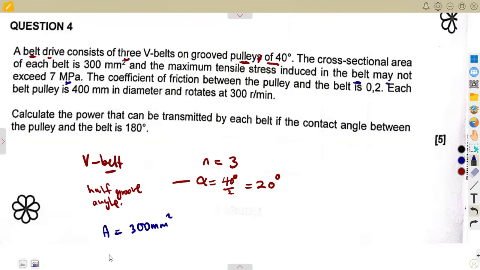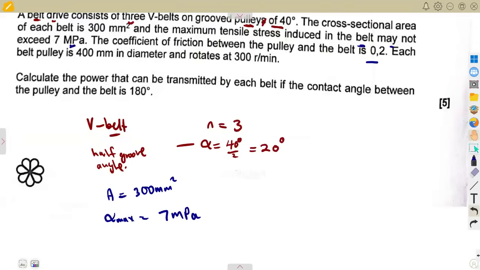So we are given the maximum stress, which is not supposed to be exceeded. So it means the maximum stress is 7 megapascal. The coefficient of friction between the pulley and the belt is 0.2. So we also have the coefficient of friction 0.2 between the belt.